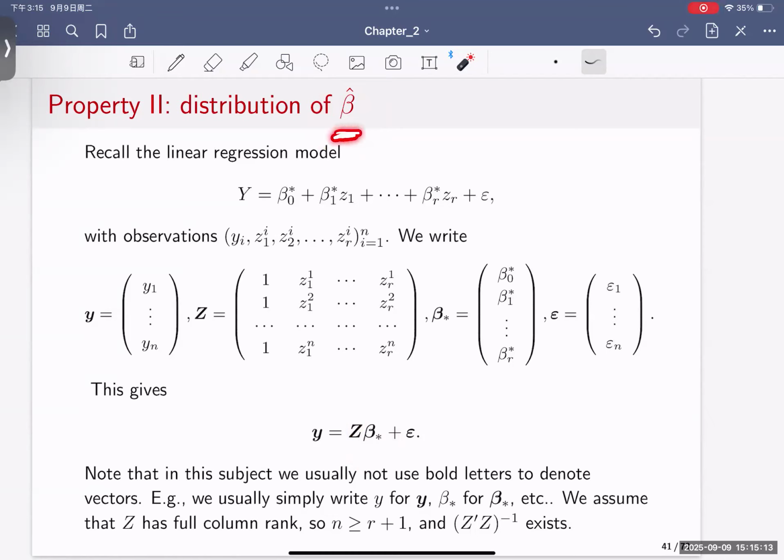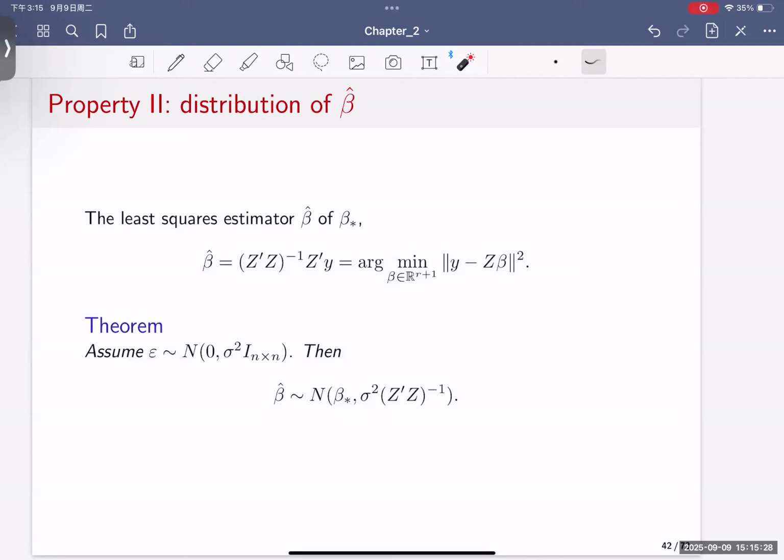One thing we need to take additional time on is that we have assumed y is equal to z beta plus epsilon. Epsilon, as we mentioned, has some randomness.